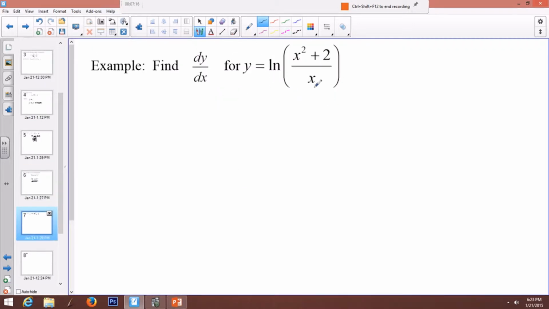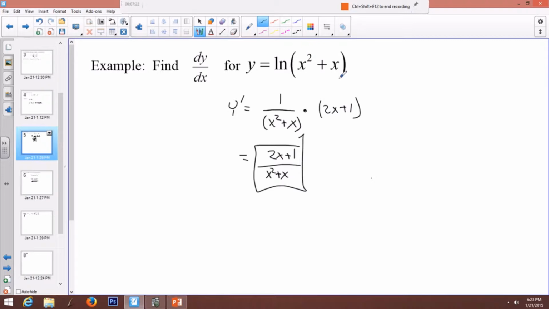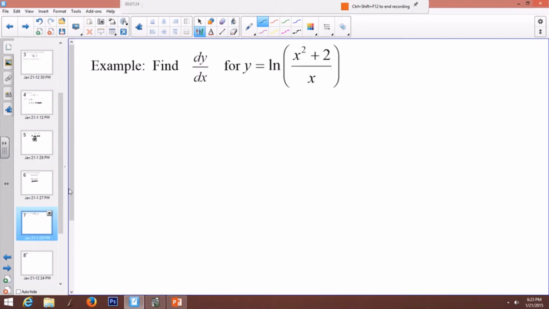And right here, you'll see it. So if I do this as I did in the last particular expression where I derive what's on the inside, if I were to say let u equal x squared plus 2 over x, and then said find du over dx, do the derivative of this, well, that's a quotient. So I've got to do the low d-high minus high d-low over low squared rule on that.